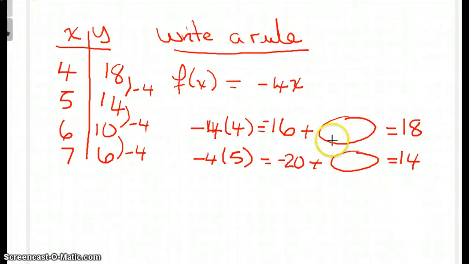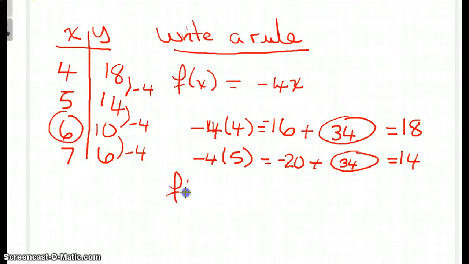So what do I have to add to -16 to get to 18? Well, 16 plus 18 is 34. -16 plus 34 is 18. -20 plus 34 is 14. And then we're going to check it.